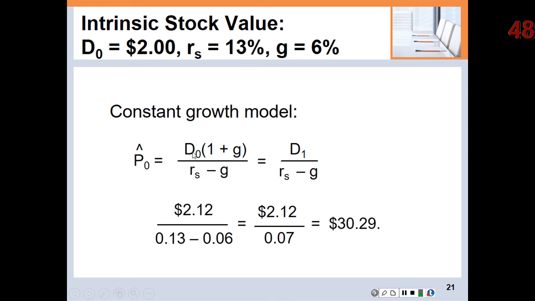We would say $2 times 1 plus 0.06 equals 2.12, divided by the required return of 0.13 minus the growth rate of 0.06. So we work through the math, and we find that this stock should be selling for $30.29 per share according to the dividend discount model.